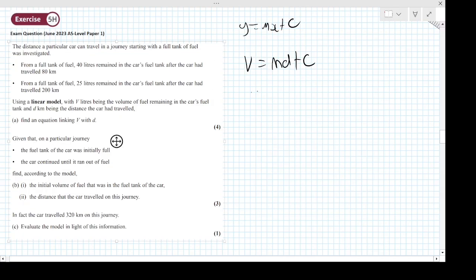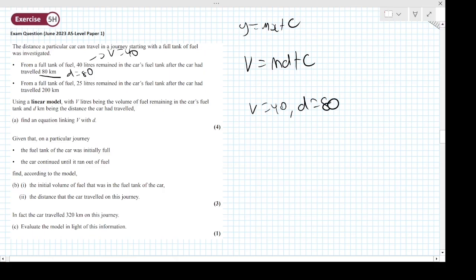It says 40 litres remained in the car's fuel tank, so V's 40, and the car had travelled 80 kilometres, that's distance, so D would be 80. So we've got a first set of values, V's 40, D is 80.